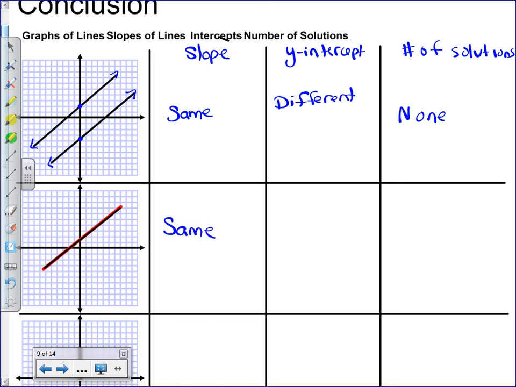What's true about the y-intercept? Powell, what's true about the y-intercept here? Yep. So if they're the same, how many points of intersection do I have, Kristen? It's infinite. So those are special cases: when we have parallel lines, and when we have lines that coincide, that are the exact same.